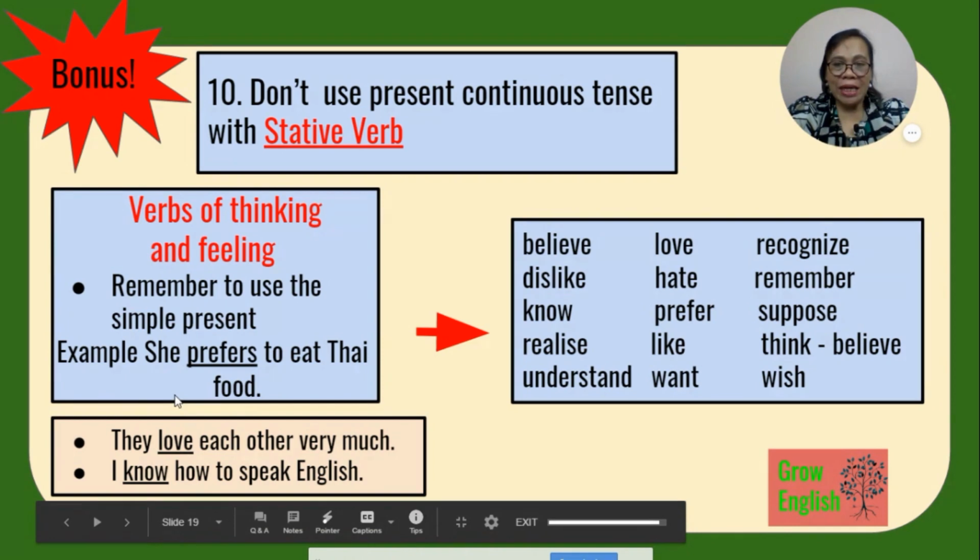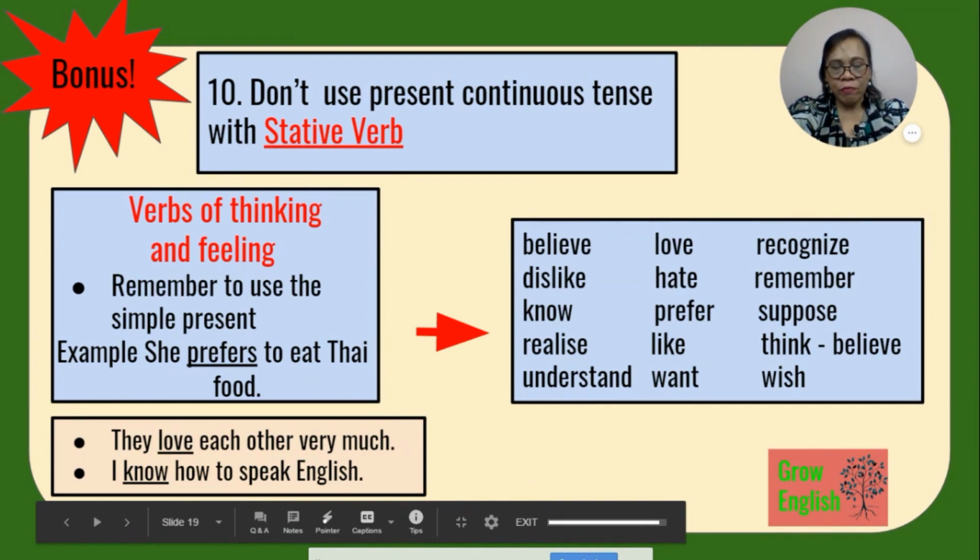I have here the example: She prefers to eat Thai food. So you won't say she is preferring, because prefers here is a verb that expresses thinking and feeling. That's why you use the simple present. And we have two more examples below. They love each other very much. So you don't say they are loving each other very much.